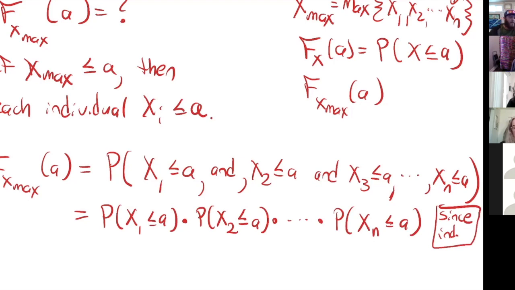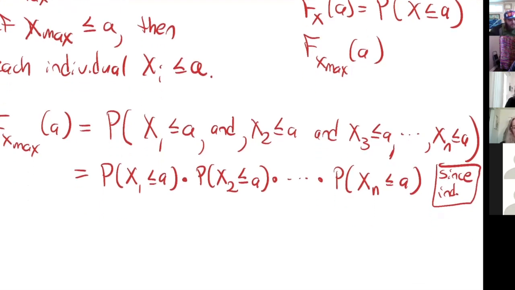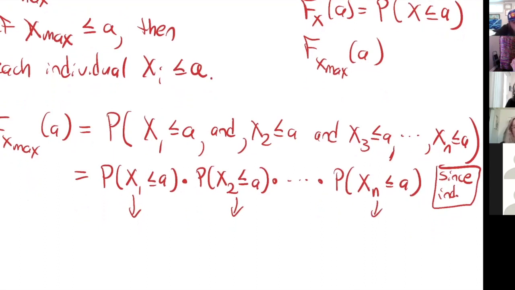Since these are all independent observations, then I can calculate each of these values. So the probability that any one of these observations is less than or equal to A, what's a function that I could use to calculate this?